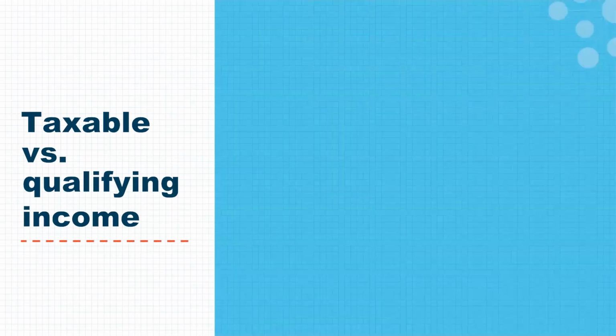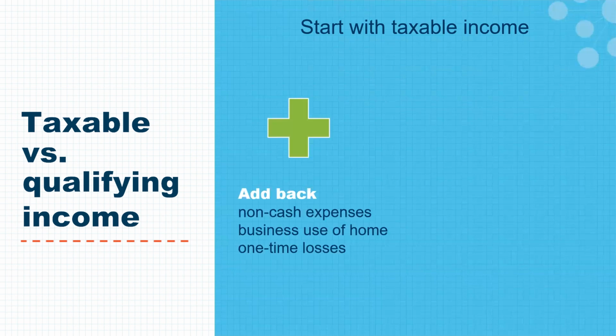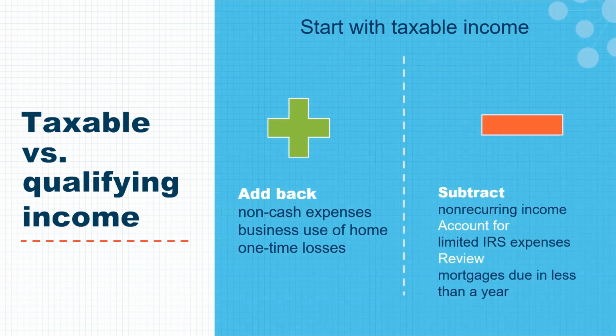We would start with the taxable income. We would add back non-cash expenses, business use of home, and one-time losses. We would subtract non-recurring income, account for limited IRS expenses, and review mortgages due in less than a year.